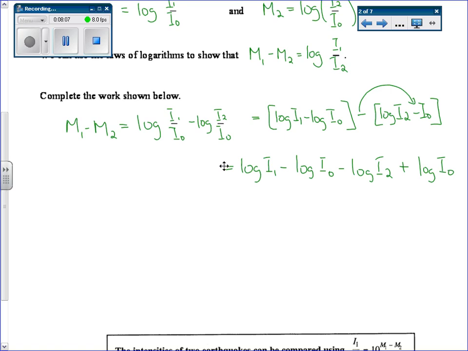Then this negative log I0 plus log I0 cancel, and we're left with log I1 minus log I2, which can be simplified to log I1 divided by I2. So that's our difference in intensities.